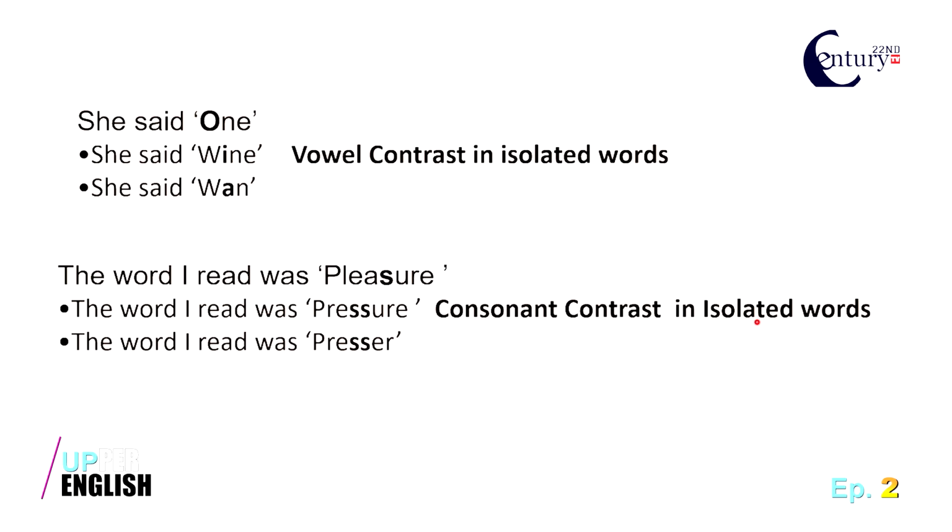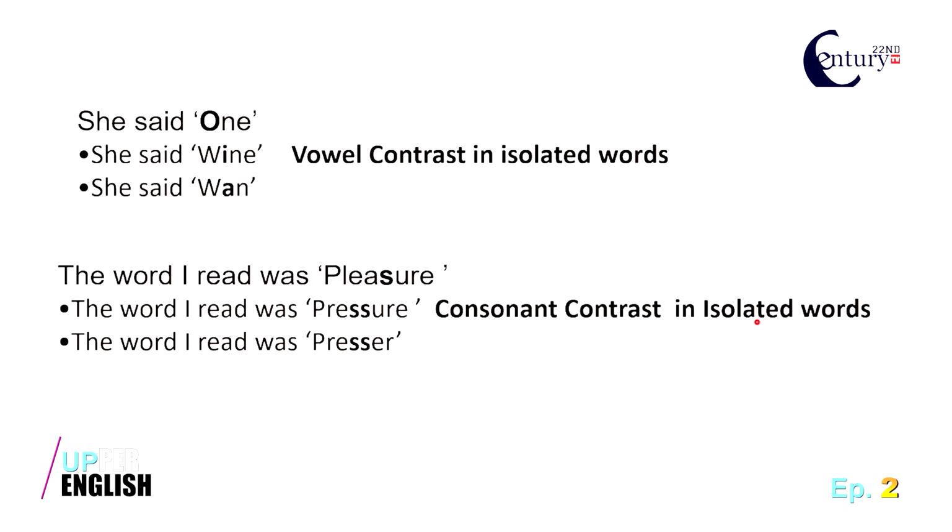So O-N-E is one, and of course wine, you see wine, we have one at that. W-A-N is one. O-N-E is one. We have one, we have when, and we have wine.